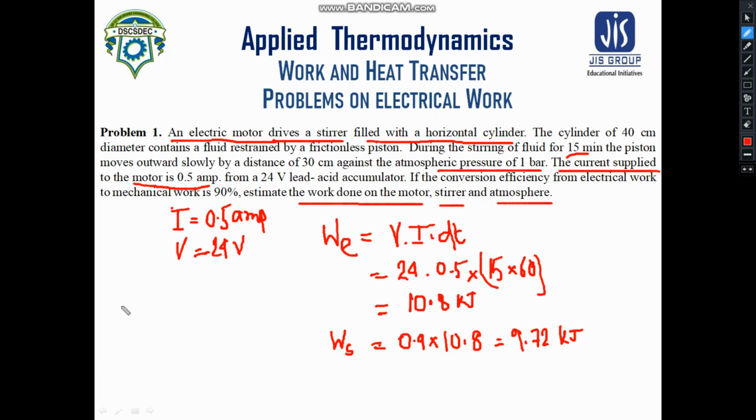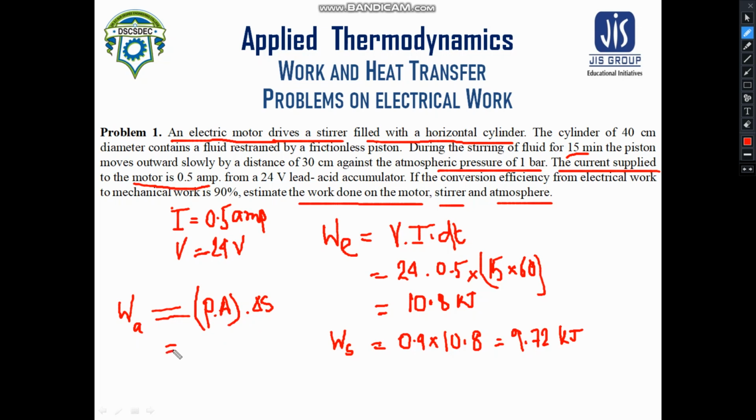Then if we want to know the work done on atmosphere, we shall use a simple formula, that is force. Force is nothing but pressure into area, and force into displacement always refers to the work done. So this is force and this is the displacement.